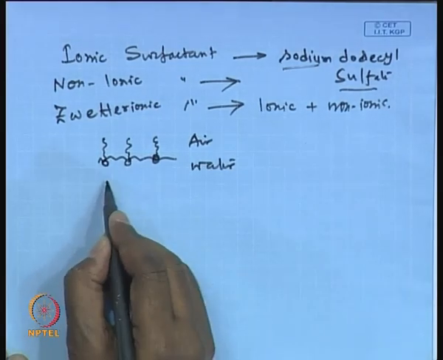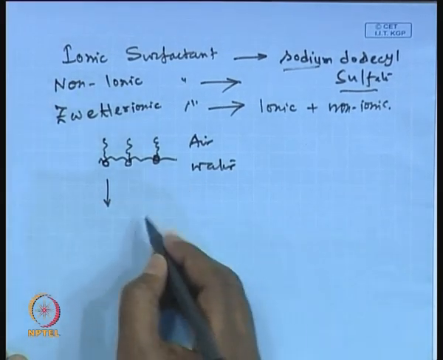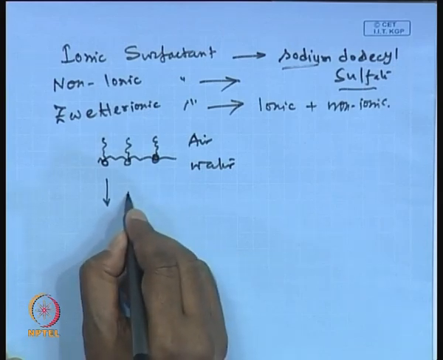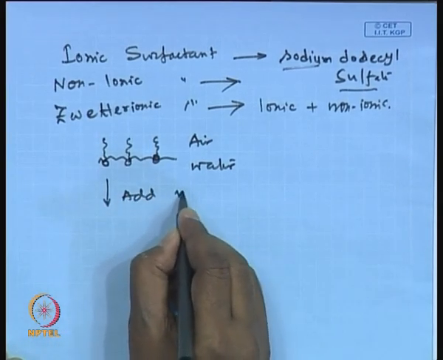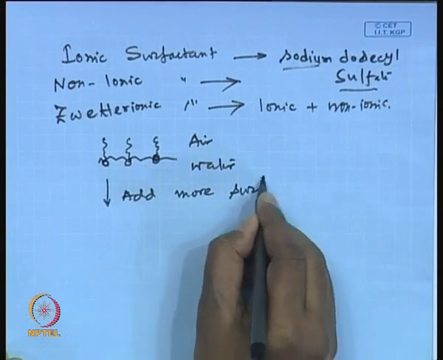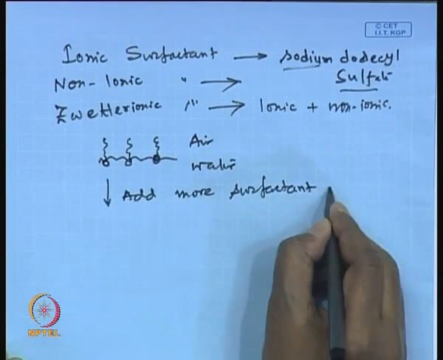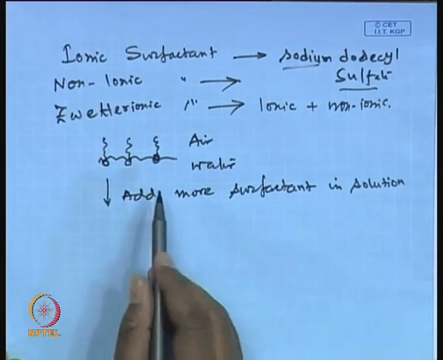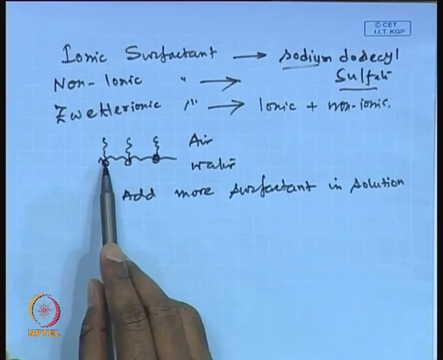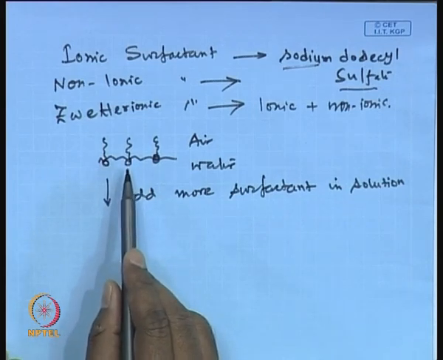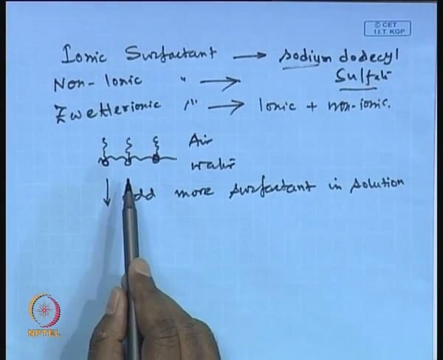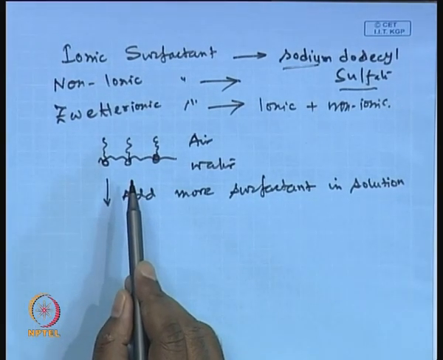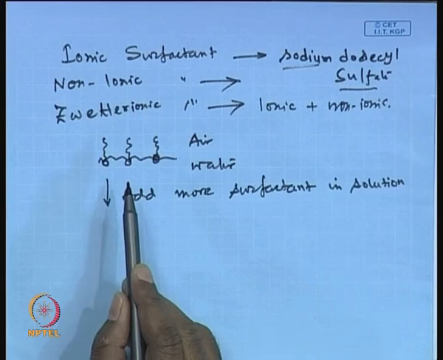Now, if you keep on increasing the concentration of surfactants, adding more surfactants into the solution, what will happen? The surface will no longer be occupied by the surfactant molecules. These surfactant monomers will form globules to achieve the minimum energy configuration that is thermodynamically favorable and stable.